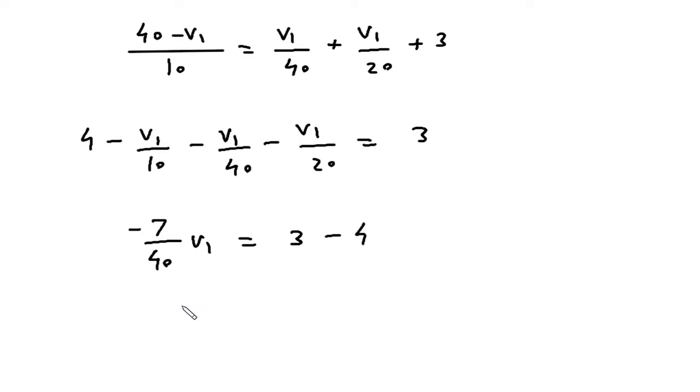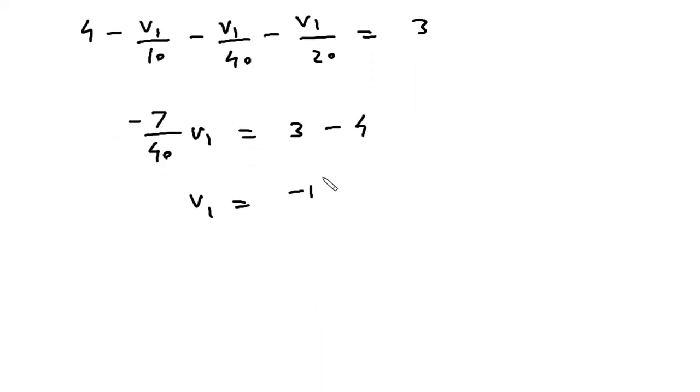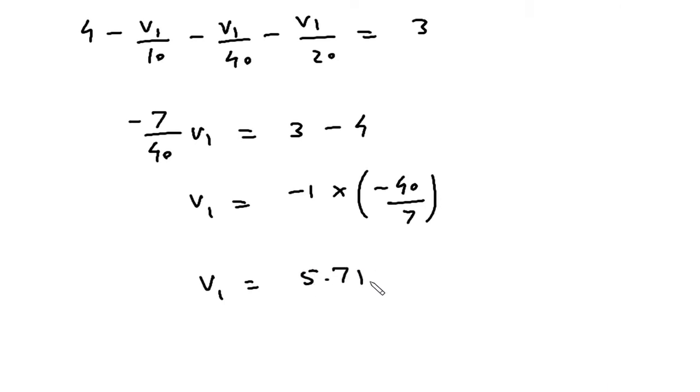So V1 is equal to minus 1 into minus 40 by 7. Therefore V1 is equal to 40 divided by 7, which is 5.71. 5.71 volt is the value of V1.